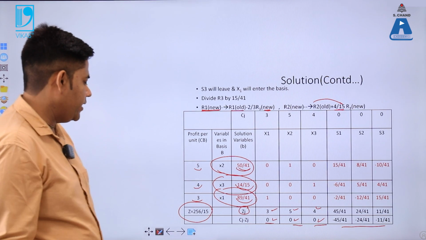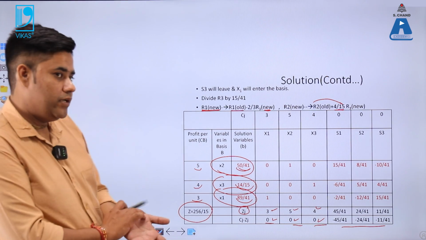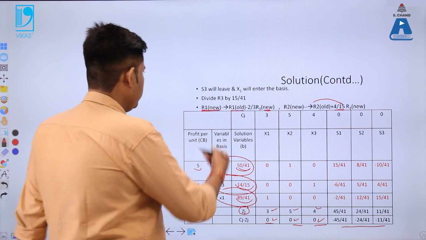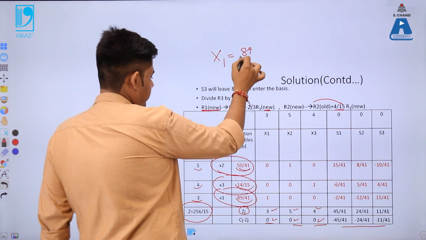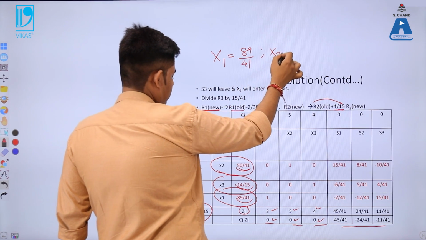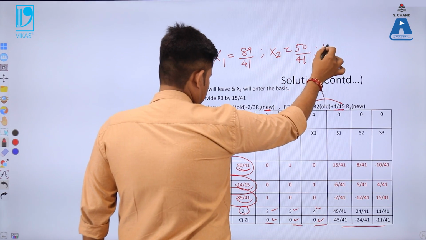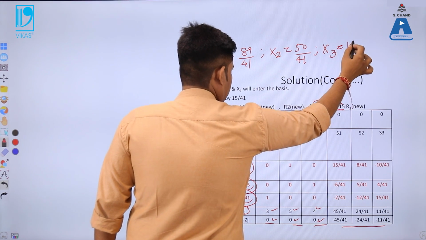So need to write here itself the solution. The requirement of the company was how many products are to be produced. So you can mention that the company may produce 89 by 41, obviously rounded off, and x2 would be 50 by 41 and x3 would be 14 by 15.